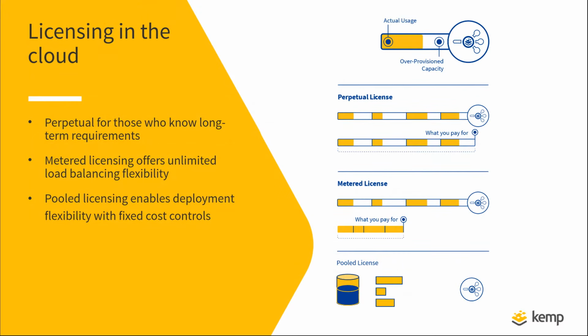A big piece of this is licensing in the cloud. And when we talk about licensing in the cloud, let's look at how we typically acquire or consume technologies. So let's go back to this legacy or private data center model. And what I typically would have done as an IT professional is gone to a vendor and said, I want to buy X equipment.